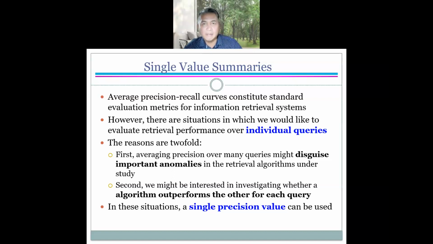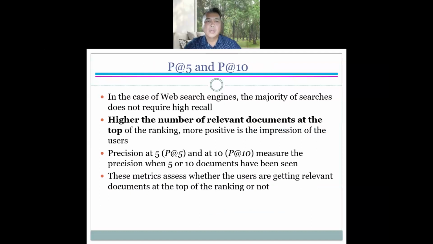But we could also use the single value summary to determine the quality of the retrieval system. This is used at a particular point in your list of returned documents. For example, at position 5 or at position 10 in your documents.